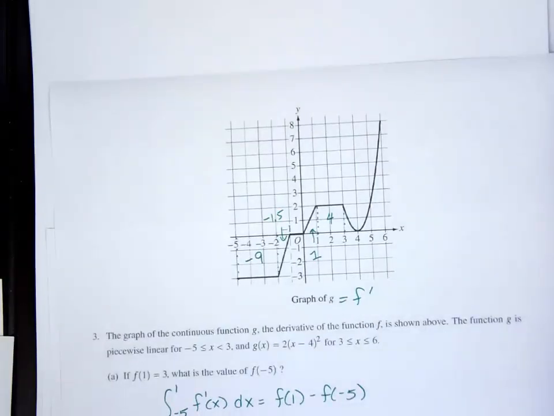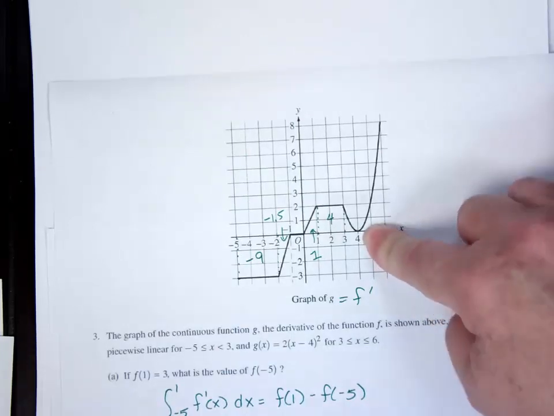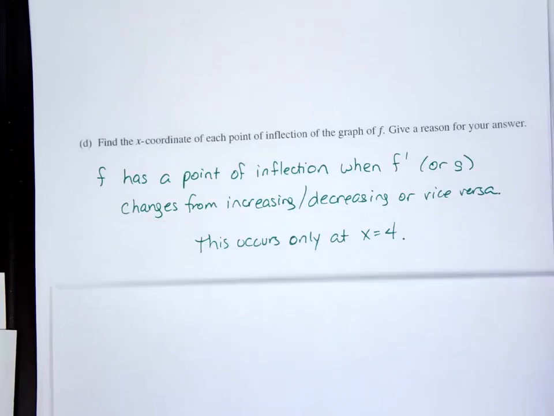Where does this graph change from increasing to decreasing? Now, it's imperative that you don't go from increasing to constant or decreasing to constant, or constant to decreasing. It has to go from increasing to decreasing or decreasing to increasing, and the only place that occurs is right here at x equals 4. So the answer to this question is x equals 4.